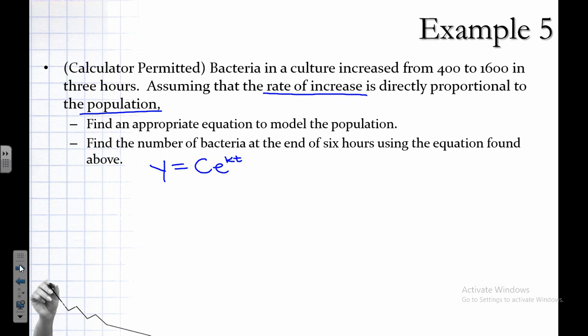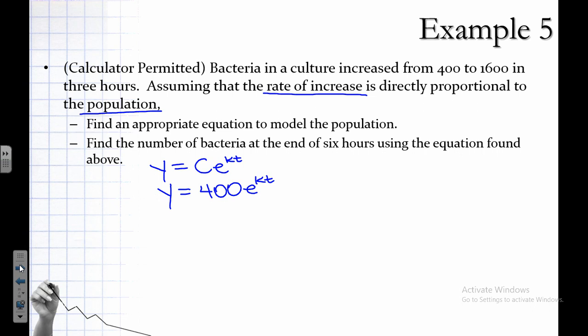It is the initial amount. Like PERT, right? So do we have an initial amount? 400. So we at least know that. We also know that 3 hours later, the amount is 1600.